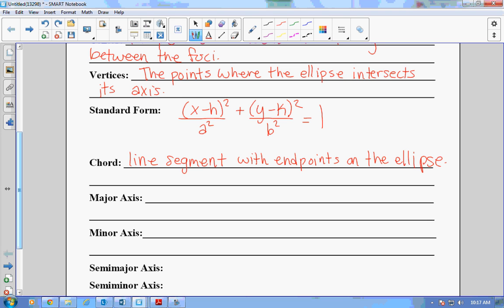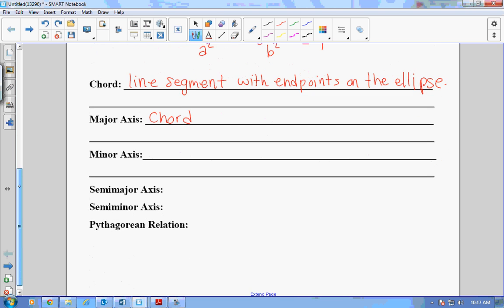Okay. The major axis, I've mentioned this once already. The major axis is the chord lying on the focal axis.